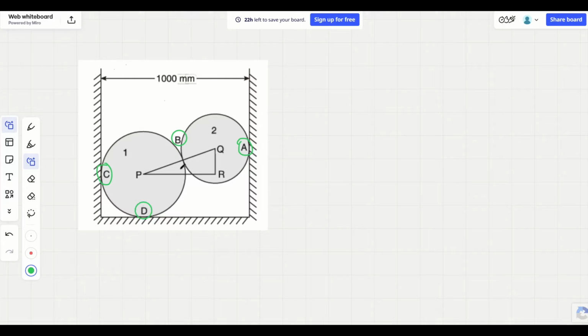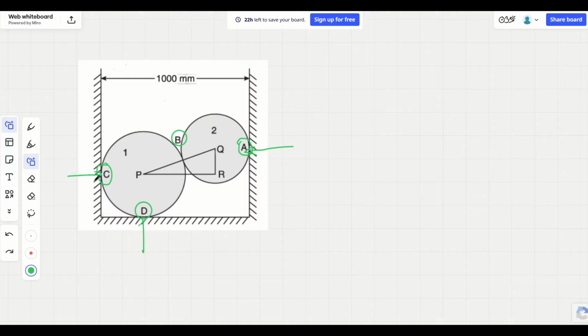With the contact points, we will be having normal reactions, correct? So for this one, how will the normal reaction be? It will be like this, perpendicular to the plane. And for this, it will be like this, correct? And for this, how will the reaction be?